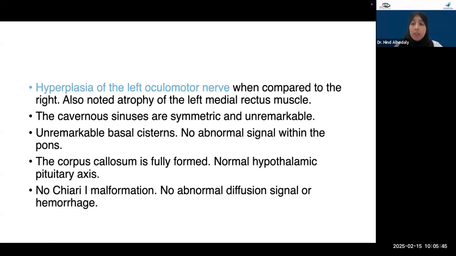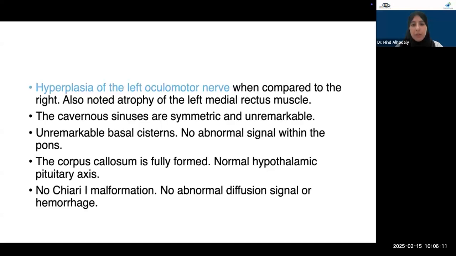The first report wrote hyperplasia of the left oculomotor nerve compared to the right. However, when reviewed again with the neuroradiologist, she said it's almost equal in size, and the abducens nerve, the 6th cranial nerves on both sides, could not be visualized due to image quality.